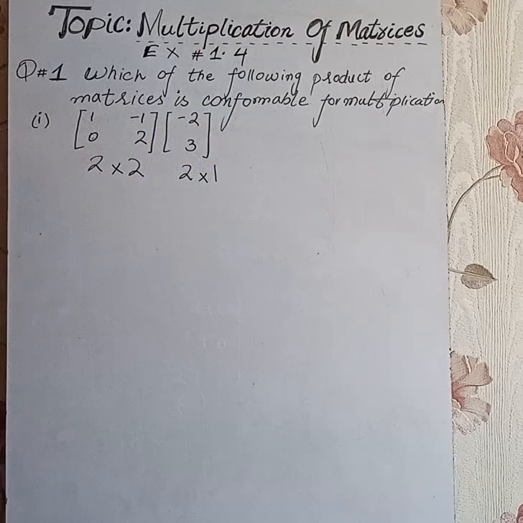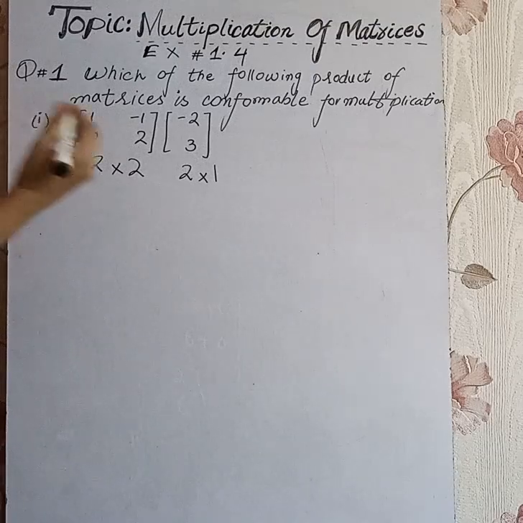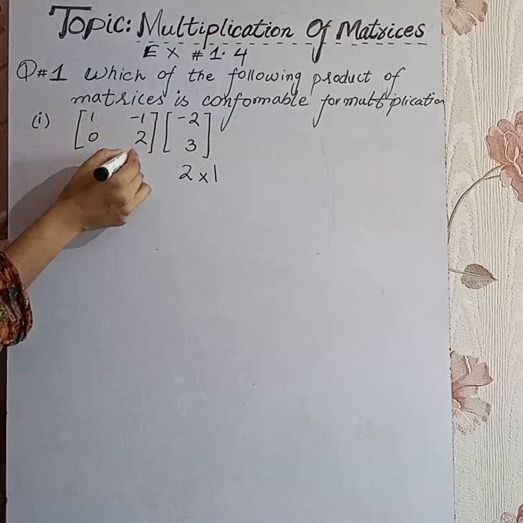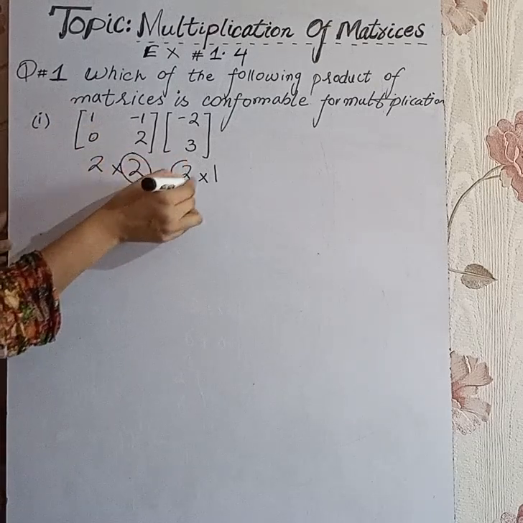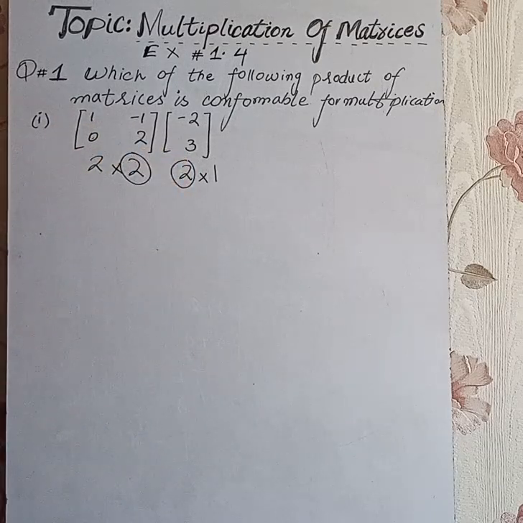Now how will we judge whether we can multiply these matrices or not? This can be judged by this: if both these numbers, the second one here and the first one here, are the same, then we can say these matrices are conformable for multiplication.